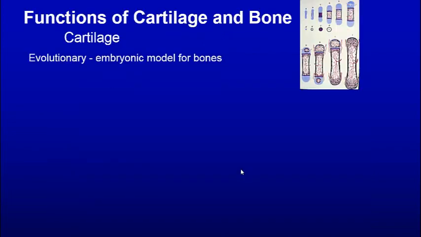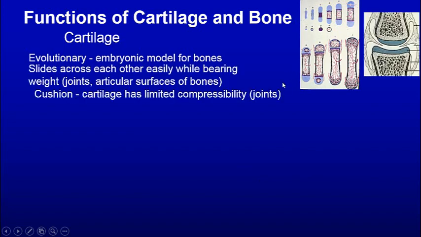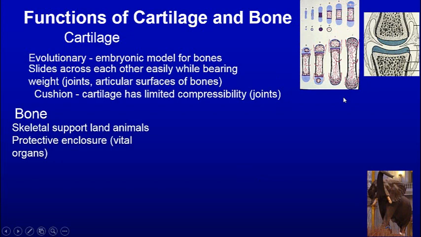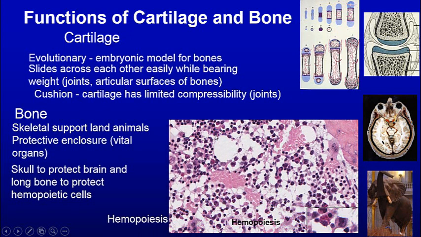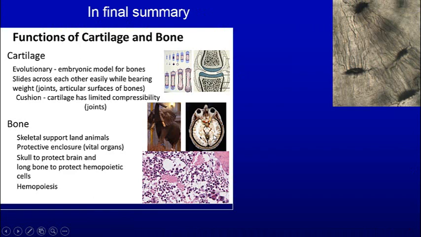So the function of cartilage in bone: in the embryo, your early bones were cartilage, and then they're replaced. In the adult, you have cartilage on the articular surfaces of bone. To support land animals, for support, enclosures like your brain, and hematopoiesis, you need bone.